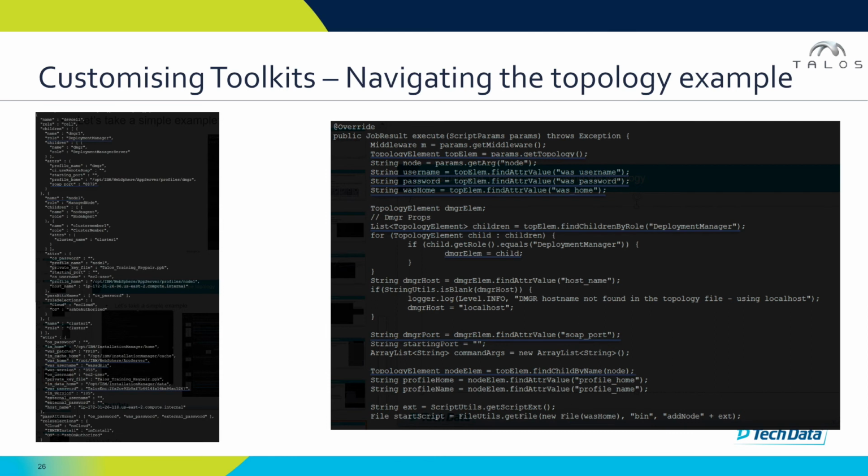So node is what we've passed in as a parameter, and we've set that to a string, and then we're looking from the top LM and we're doing find child by name, node name, and that's going to return the single topology element that deals with that node. And then we can do a find attribute value on that for profile home and for profile name.